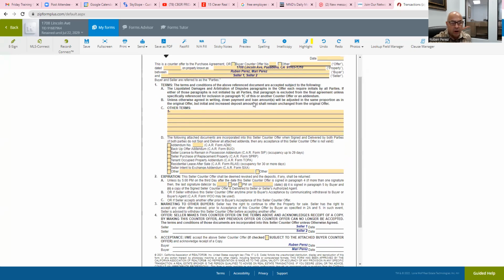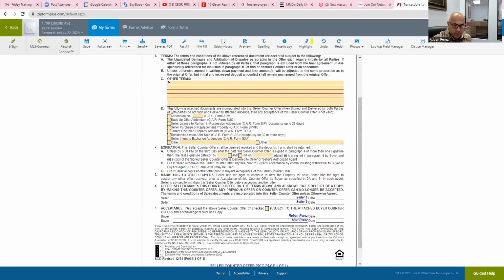Also on the counter offers, if you notice on section D right here, they could also attach an addendum there, or indicate that they're accepting a backup offer, or seller license, or sellers to remain in possession. That's an SIP form.